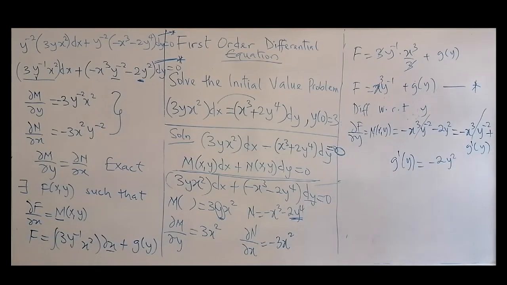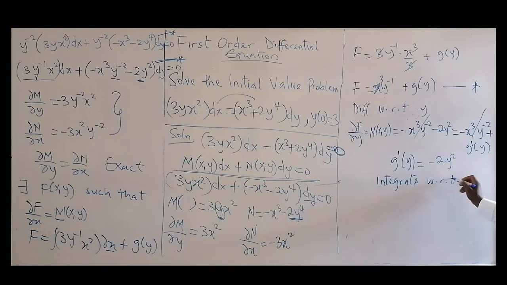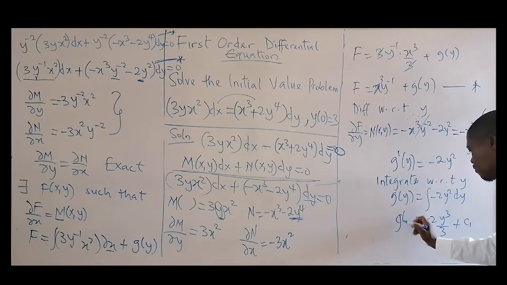Then integrate both sides with respect to y. So g of y equals the integral of minus 2y squared dy, and that will give me minus 2y³ over 3 plus c1. So that's my g of y.